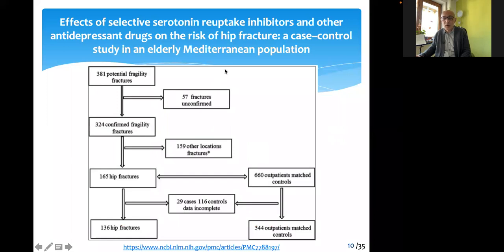Okay, for this one, I also have an example: selective serotonin reuptake inhibitors and other antidepressant drugs and the risk of hip fracture. Look at this diagram, please. You see they have 165 hip fractures, and actually more than that amount, more than the cases, they have controls.